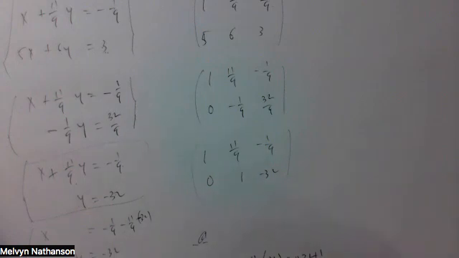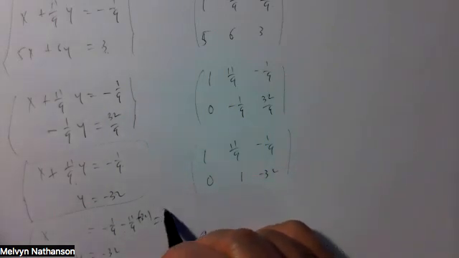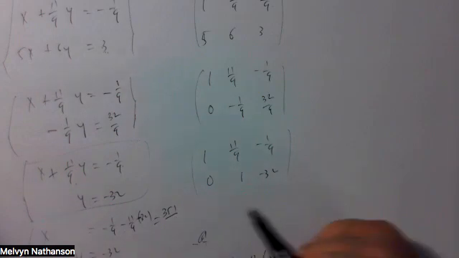So 11 times 32 is 352 minus 1. So this becomes 351 over 9.